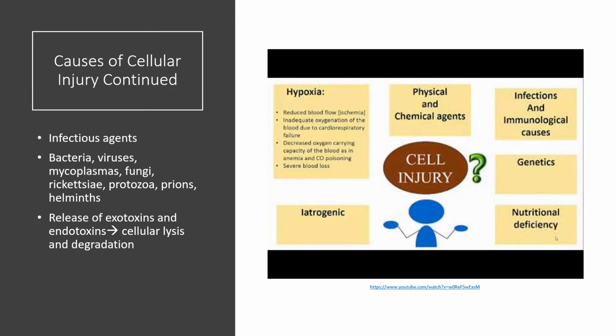There's a whole process where infectious agents release both exotoxins and endotoxins. As the name implies, they're toxins, so they cause cellular lysis. It causes the cells to break down and degrade. We're going to get into the mechanisms a little later, but for now I just want you to know that these agents release both exotoxins and endotoxins, and they cause cellular lysis as well as degradation.